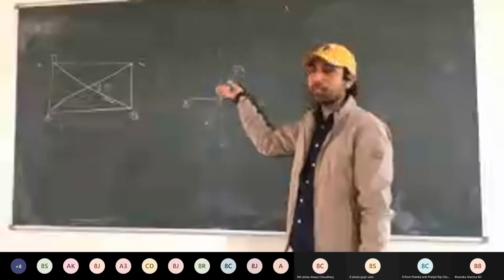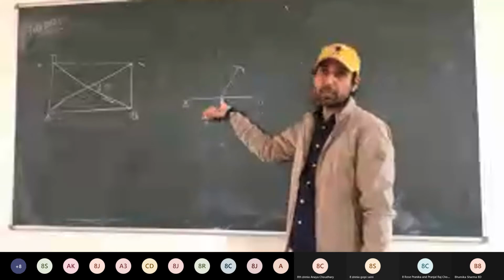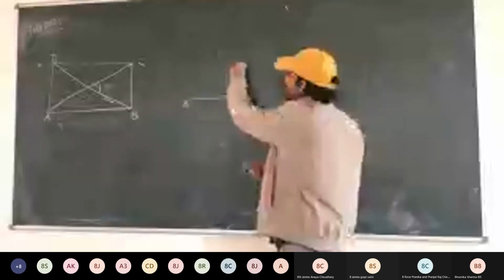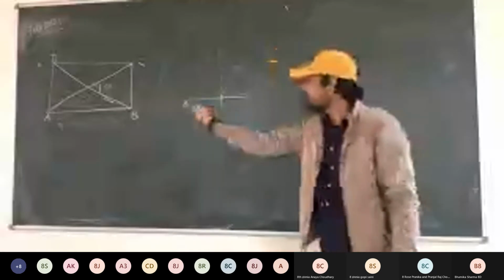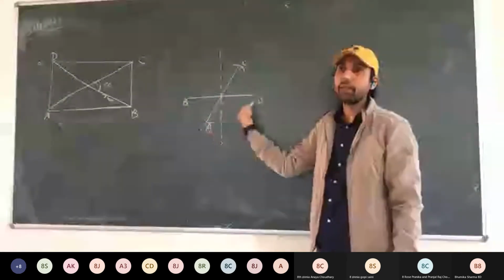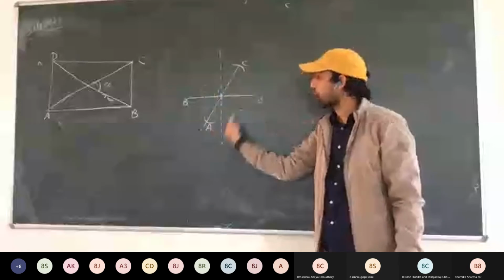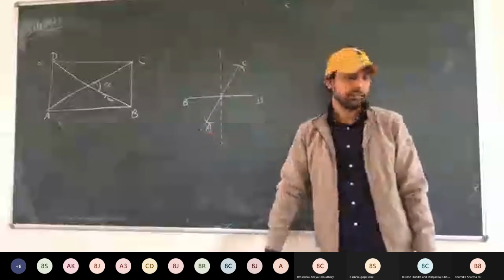So we have got C and A here. We got all the vertices A, B, C, D. Just join them, and you will get the rectangle.